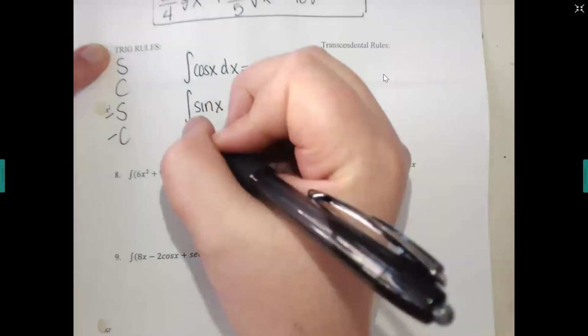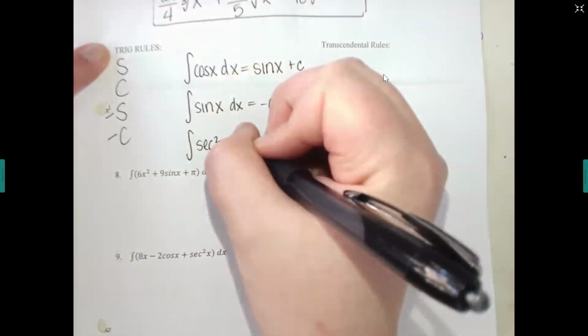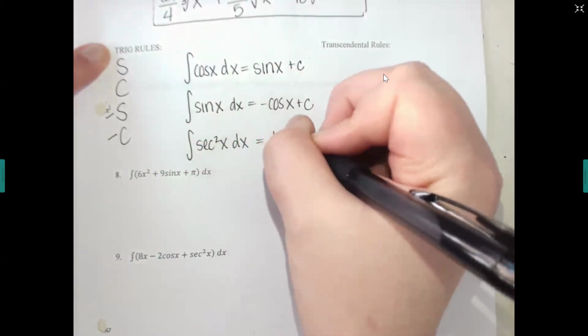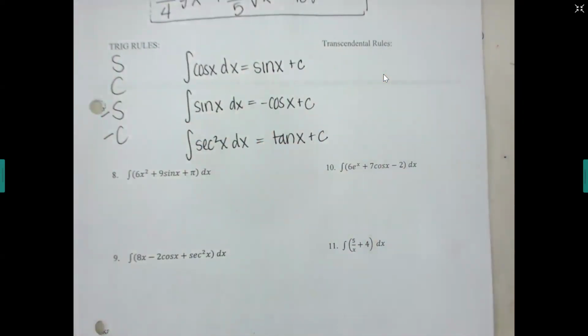Secant squared. Then the antiderivative of secant squared would bring you back to tan x. So remember that all of the derivative rules that you already know are the same thing backwards. If the derivative of tan is secant squared, then the antiderivative of secant squared would bring you back to tan.